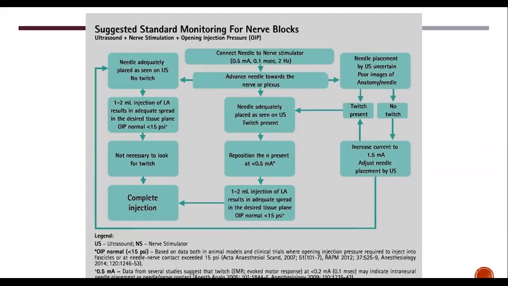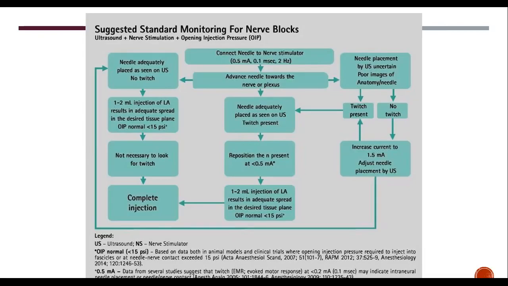Dual guidance is both PNS and ultrasound, and if you use injection pressure monitoring also, that becomes triple guidance. So you can see the desired motor response at less than 0.5 milliampere, and in ultrasound also you have seen the local anesthetic spread in a desired tissue plane and opening injection pressure less than 15 psi, then complete the injection.